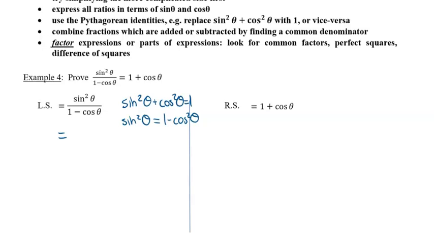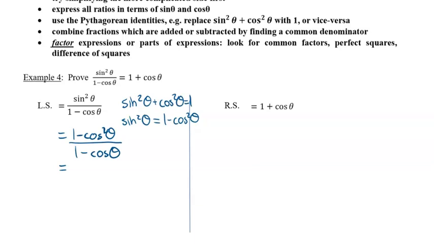So what I can do is replace sine squared theta with 1 minus cos squared theta. If I divide that by 1 minus cos theta, some people initially think, oh, I can just start canceling things out. Not too fast. Because what we did earlier is we did some factoring, and this is a difference of squares on the top.